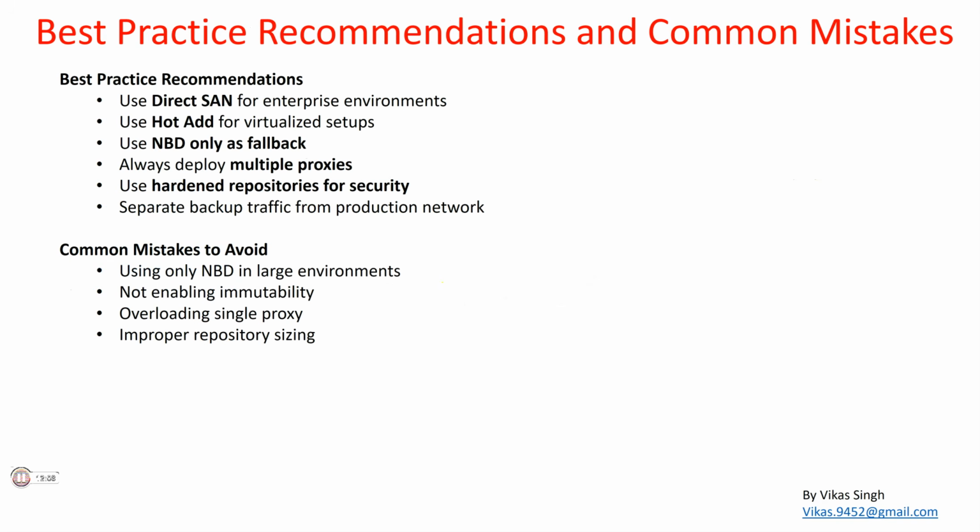So there are some best practices, recommendations, and common mistakes. So best practices recommendation: use direct SAN for enterprise environment, use hot add for virtualization setup, use NBD only as a failback, and always deploy multiple proxies to increase performance of your overall infrastructure.